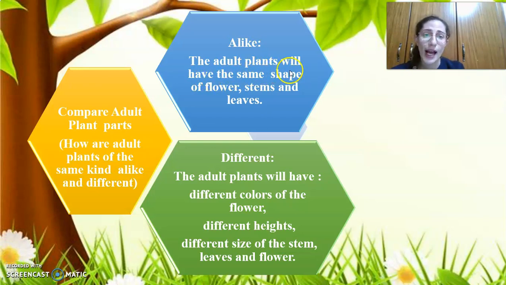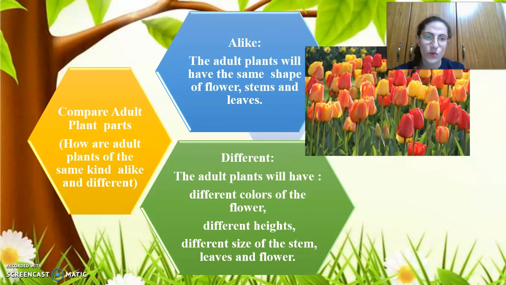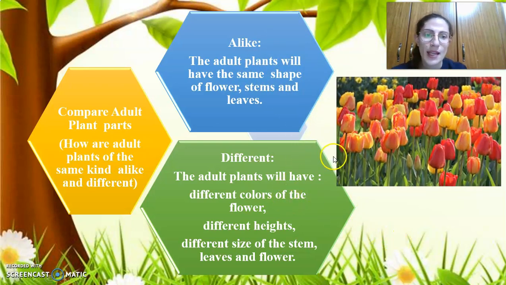The adult plants, and we saw it in the tulips, will have the same shape of flowers, stems, and leaves, right? But how are they different? The adult plants will have different colors of the flower, different heights, different sizes of the stem, leaves, and flower. Why? Because they get these traits from their what? From their parents. Excellent. We remember that traits means things that we get from our parents.